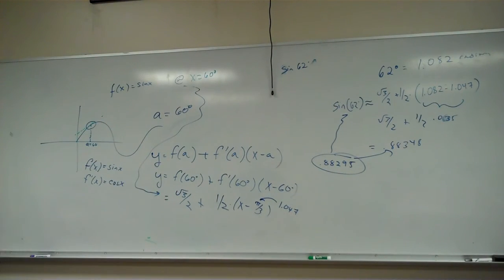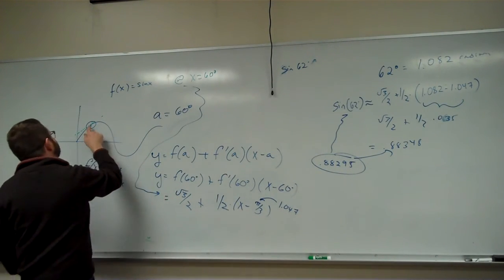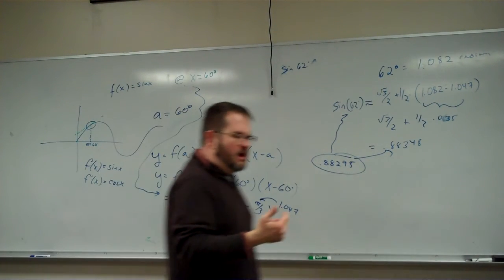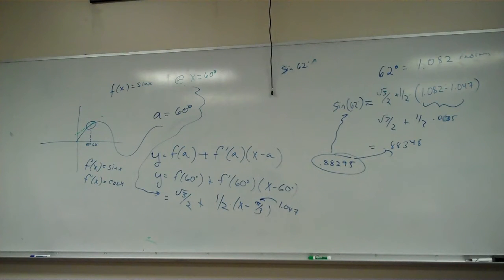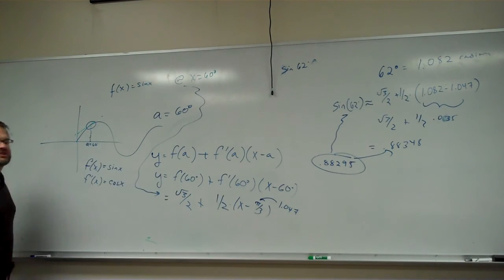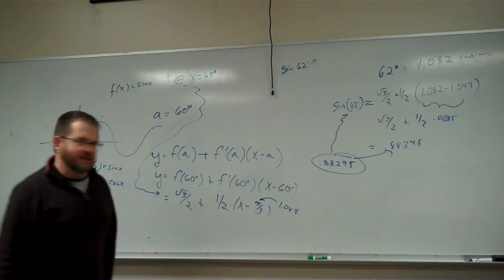Then we made a linear approximation only 2 degrees away around the unit circle, a very small distance in radians. We can assume that our function is linear over a little range, and this works just great.